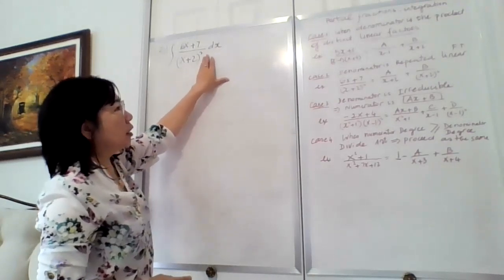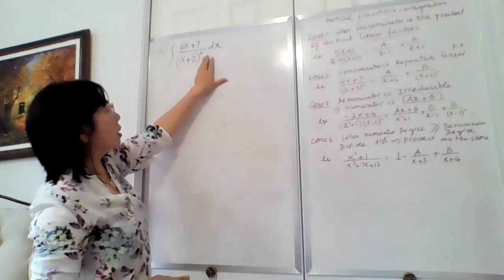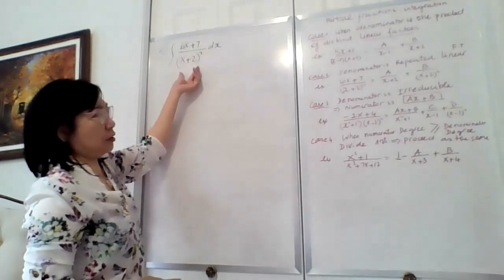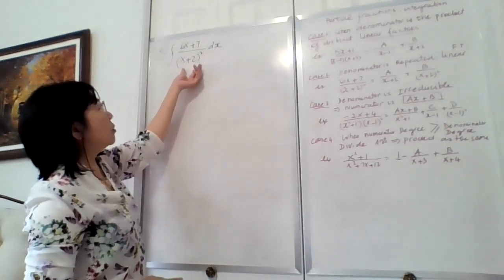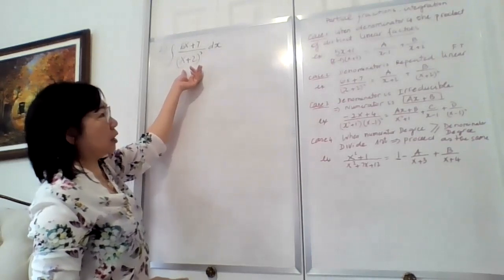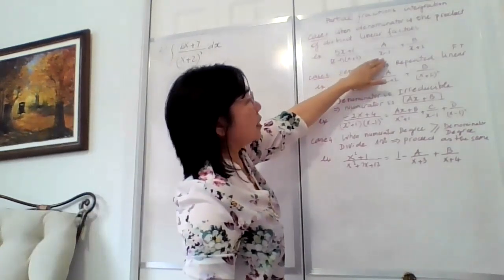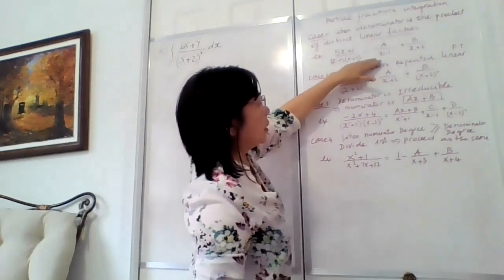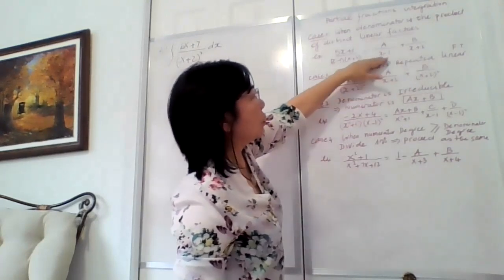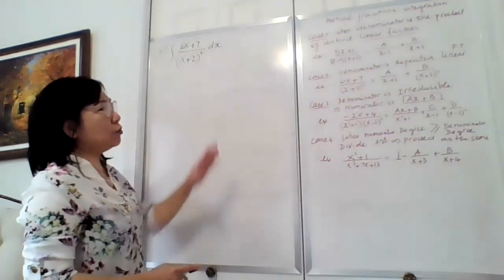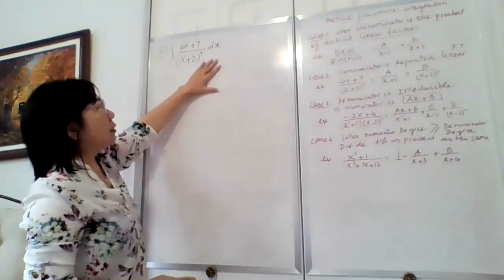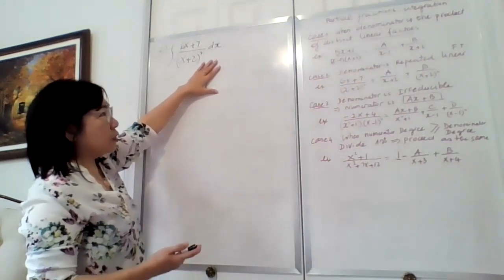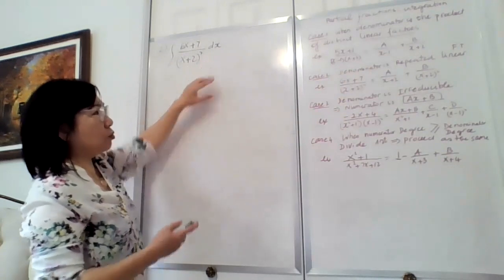However, this is different from the first K, because it is the same expression: when you break it down, it is the same x plus 2 times x plus 2. The first one is linear but they're not the same: one is x plus 2, the other is x minus 1. So that's how you distinguish case 1 from case 2.